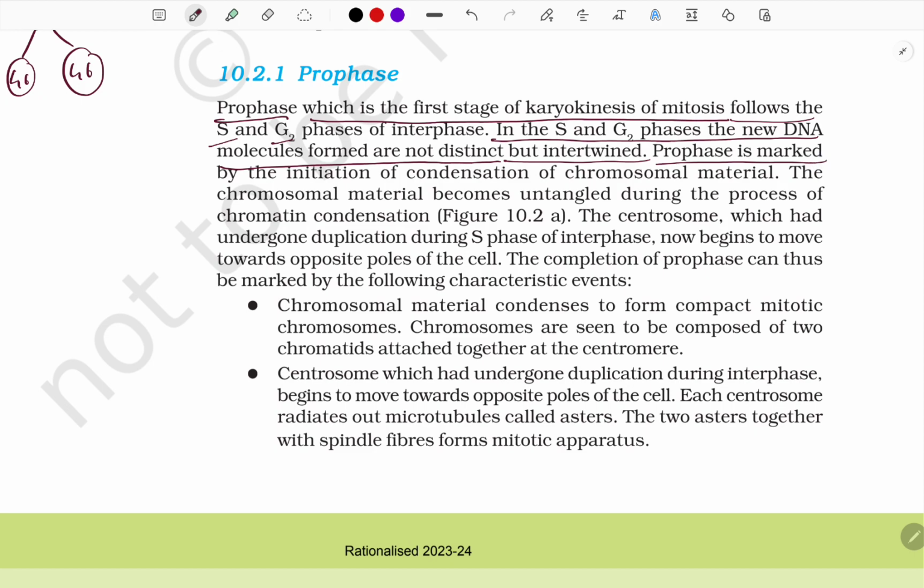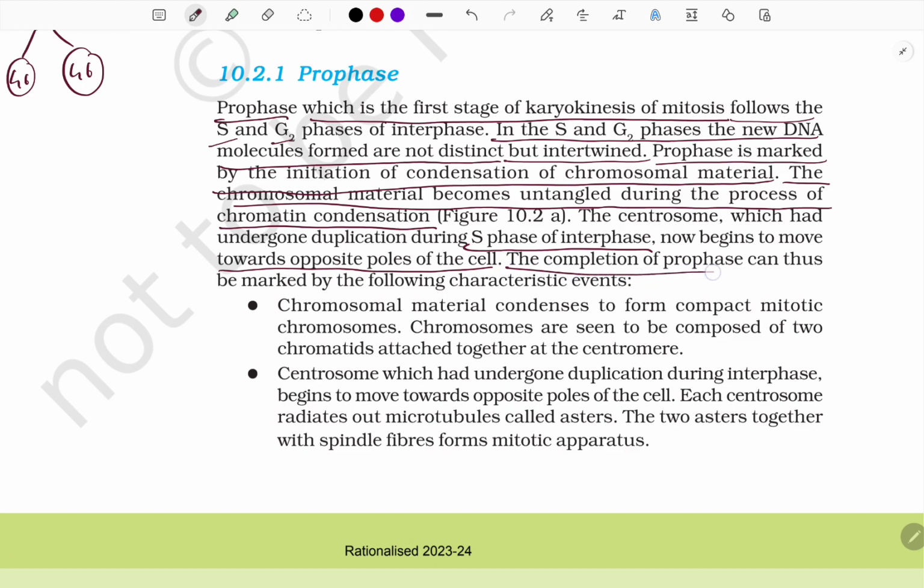Prophase is marked by the initiation of condensation of chromosomal material. The chromatin material is condensed to form chromosomes. The chromosomes become untangled during the process of chromatin condensation. The centrosome, which had undergone duplication during the S phase of interphase, now begins to move towards the opposite poles of the cell.